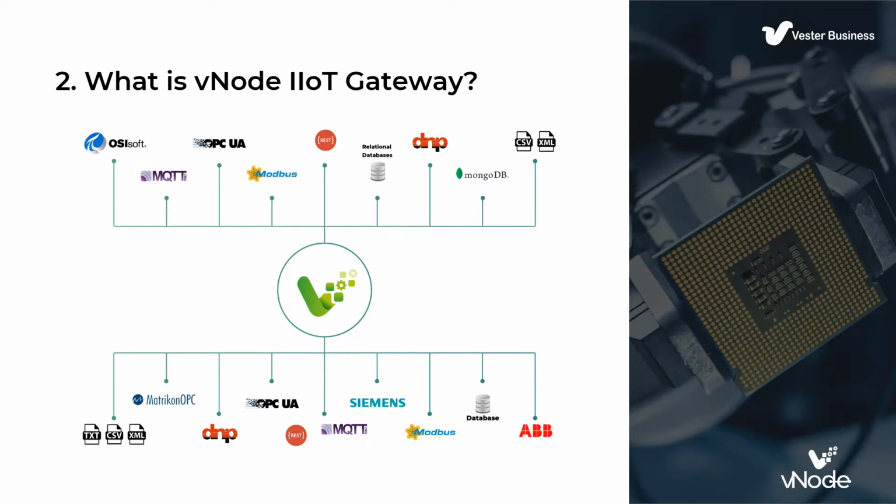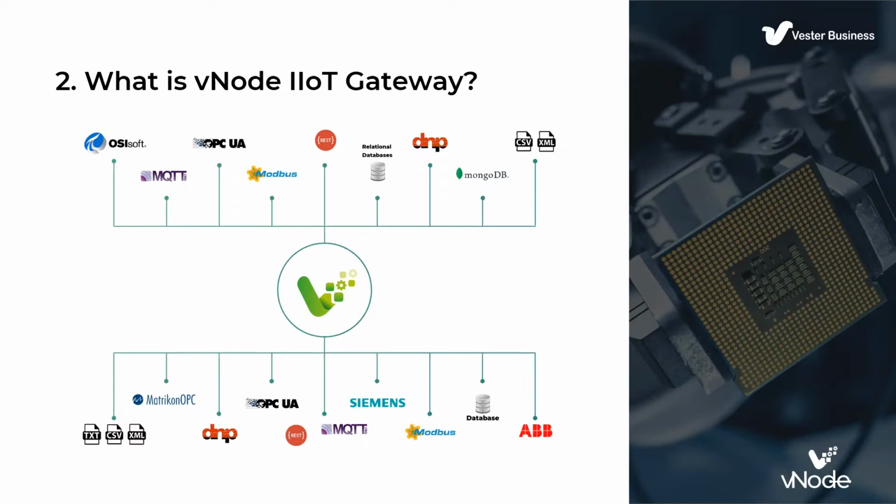Since vNode is an IoT gateway, it allows you to interconnect your plant floor devices or IoT sensors with third-party applications or systems, or even the cloud, as you are watching right now on your screen. With vNode Automation, we can read from many protocols in the industry field.